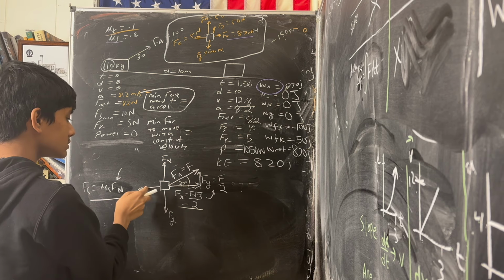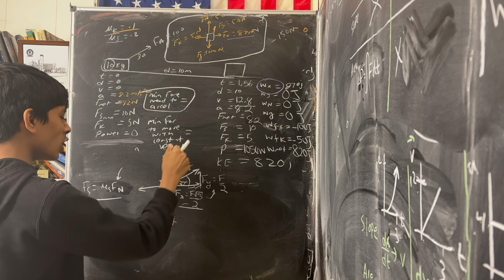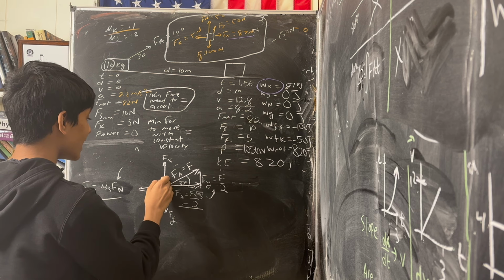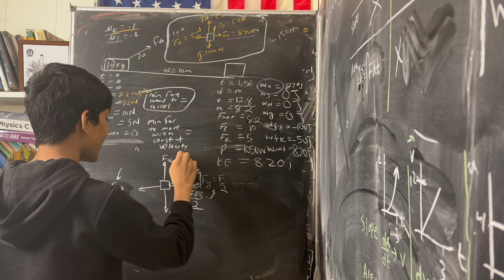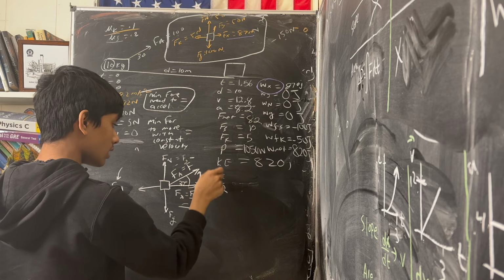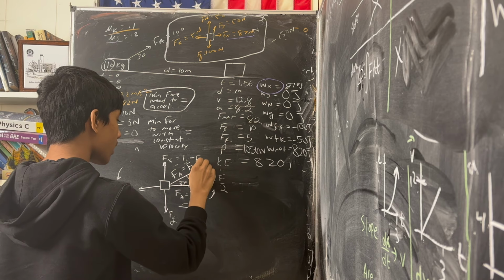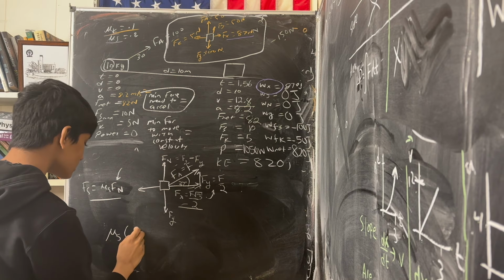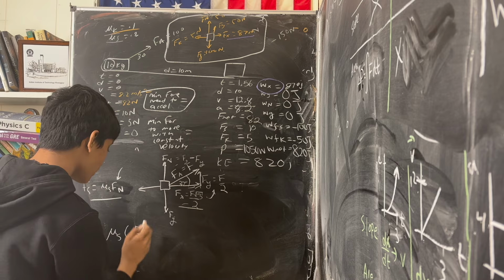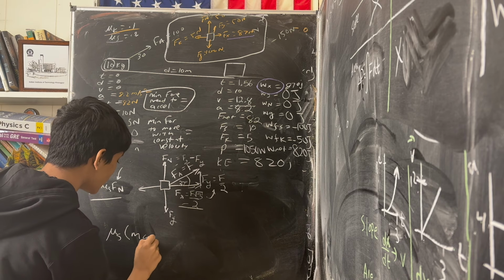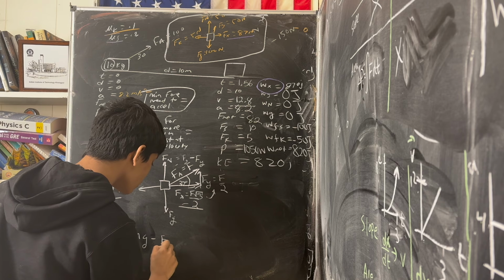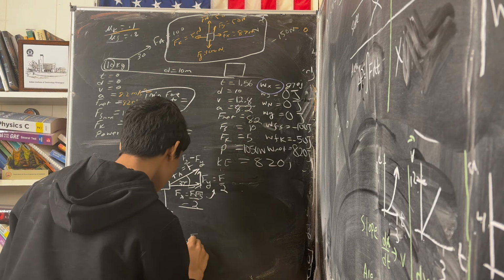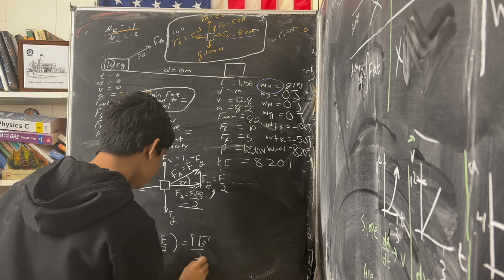But here, since our applied force is taking some of the load off of whatever's holding up this block, Fn is going to be lower. It's going to be Fg minus Fy. So Fs is going to be mu s times mg minus Fy, which is F over 2. That has to be equal to the force in the x direction, which is F root 3 over 2.